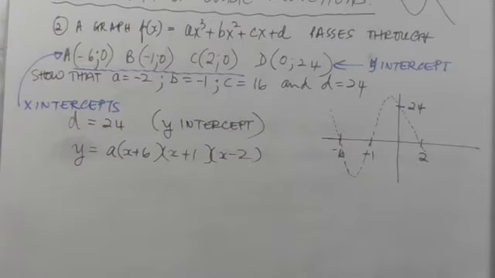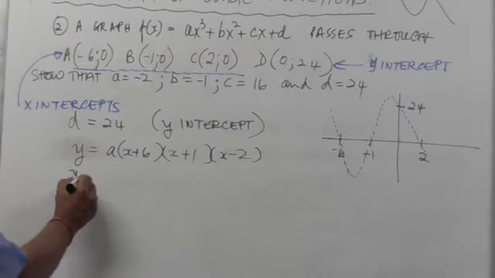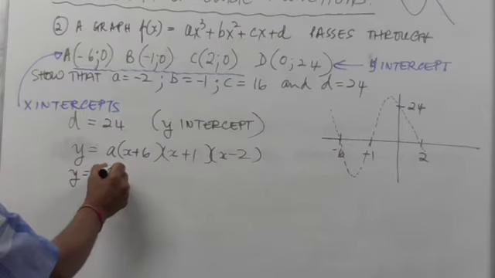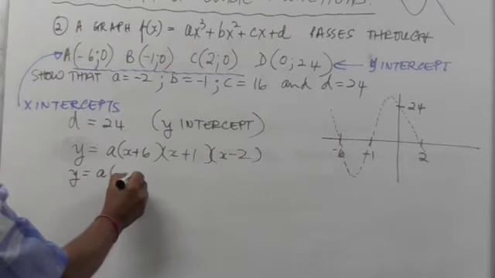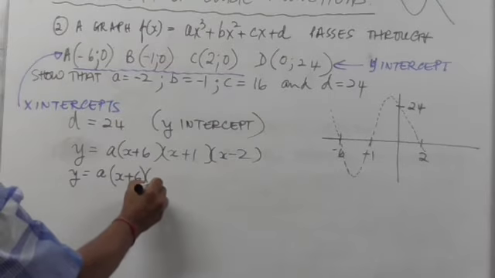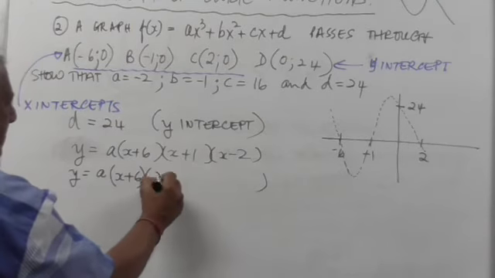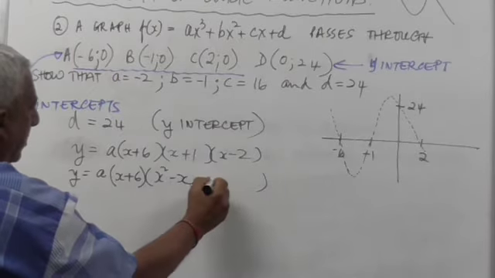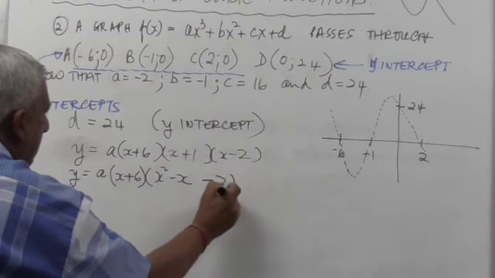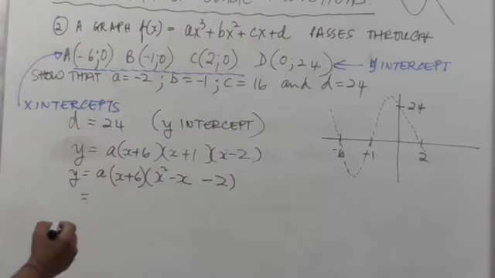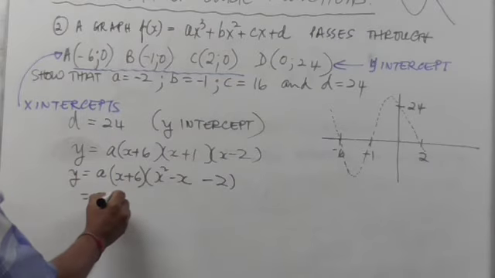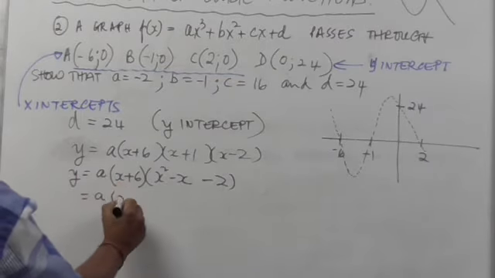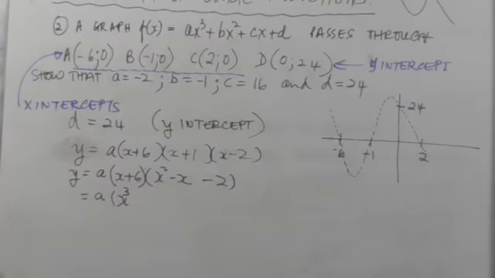Now let's simplify this. So y will be equal to a into x plus 6 into x squared plus x minus 2x, which will give you minus x minus 2. If we simplify this more, we'll get y is equal to a into x times x, which gives x cubed.